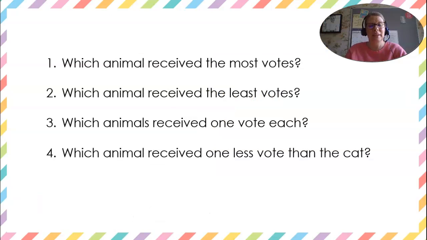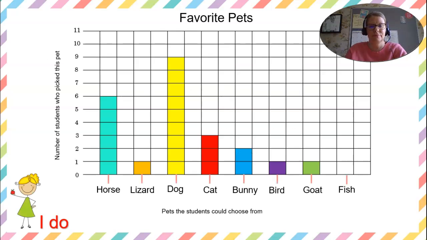Okay, what about number 3? Which animals, that tells us that we're going to have more than one answer. Which animals received 1 vote each? Let's take a look. Do you see them? I see 3.